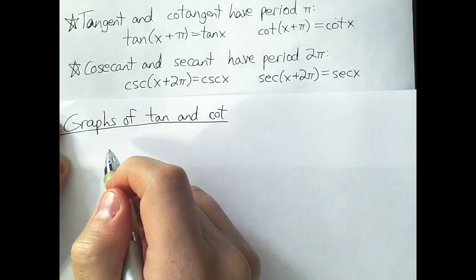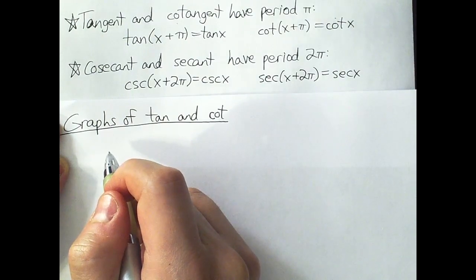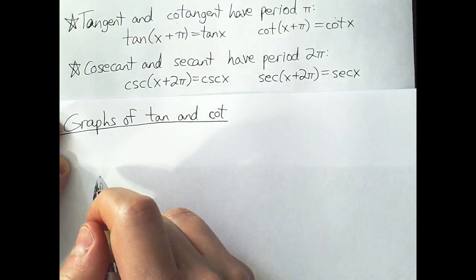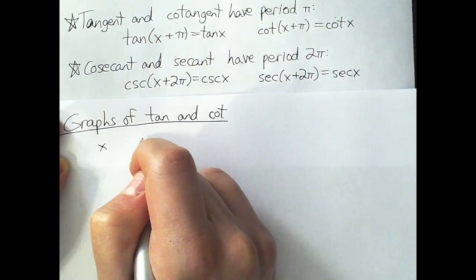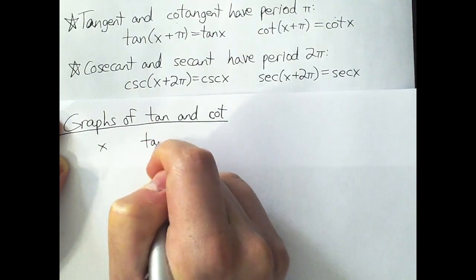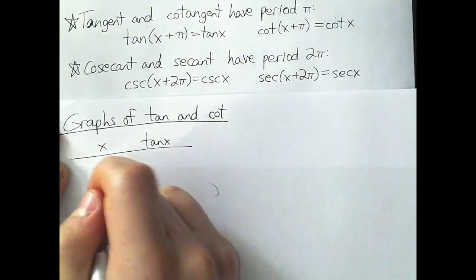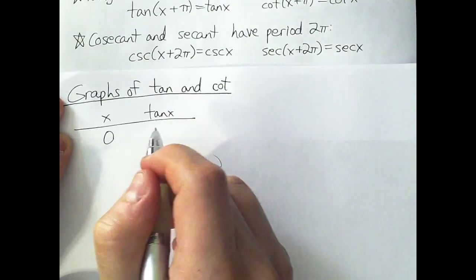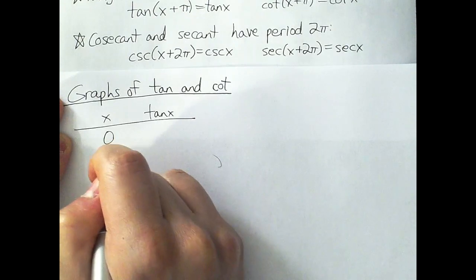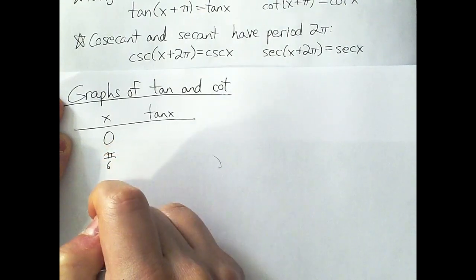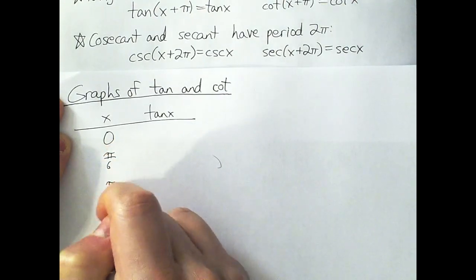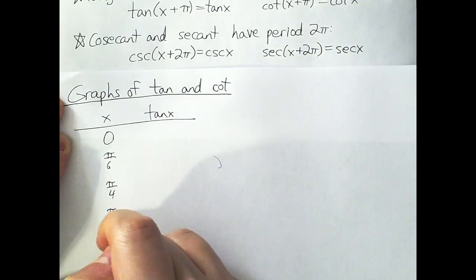How about we do a little table of values? Didn't that help us last time? We kind of found a few values. So I'm going to say, let's set up x and tangent x. Let's do some common values of x. So 0, pi over 6, pi over 4, pi over 3.